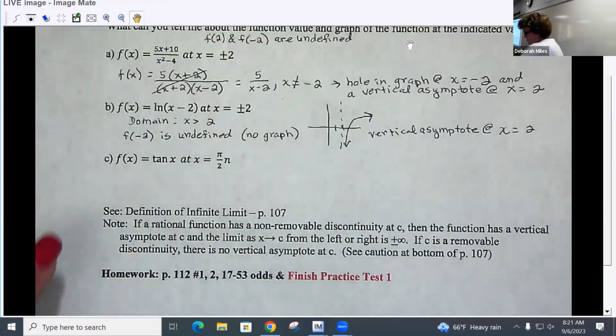All right, what about part C? f of x equals tangent x at x equals multiples of pi/2. Tangent's undefined at pi/2. So is it undefined at all the multiples of pi/2?